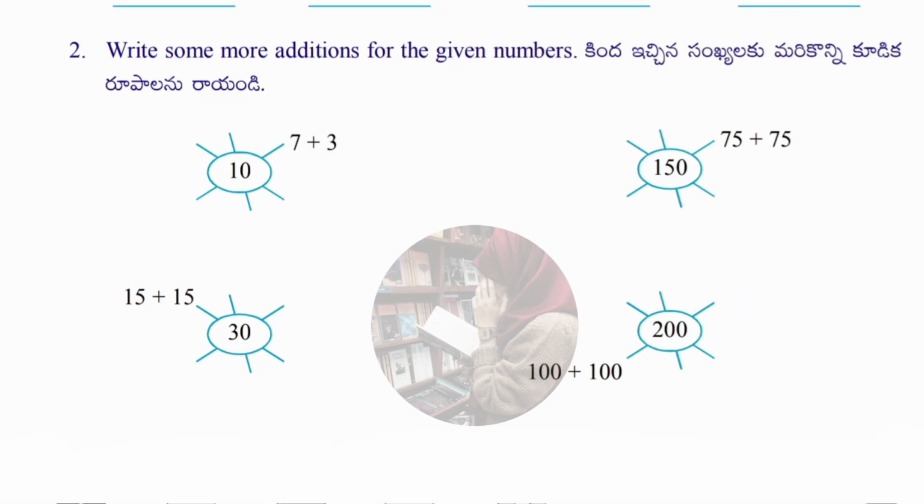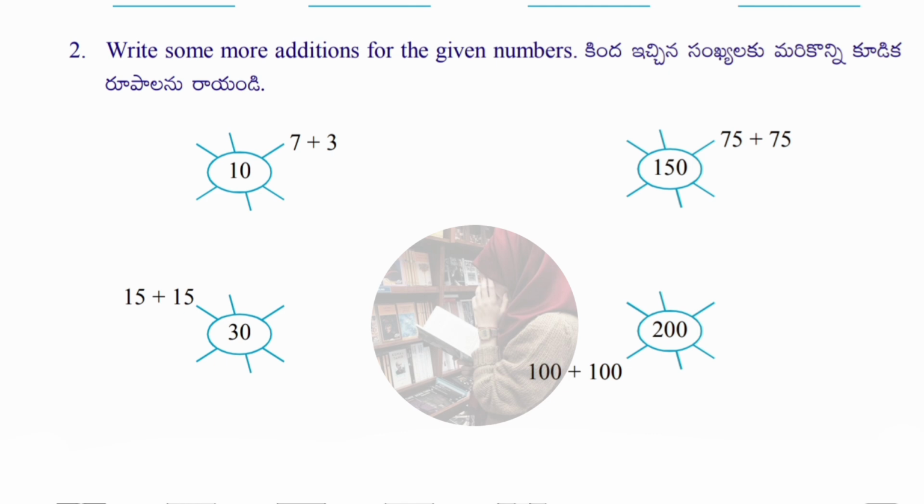Let's see the second one, which is to write some more additions for the given numbers. Here the result is given in the circle, and for 10 you write what additions are possible. 7 plus 3 is 10, or else you can also write 5 plus 5 is 10. Then you can write 3 plus 7 is also 10.